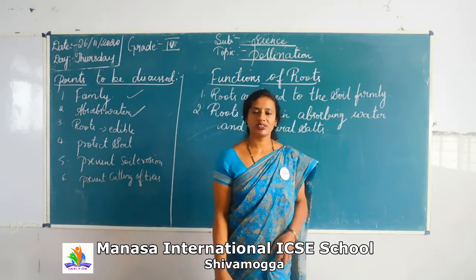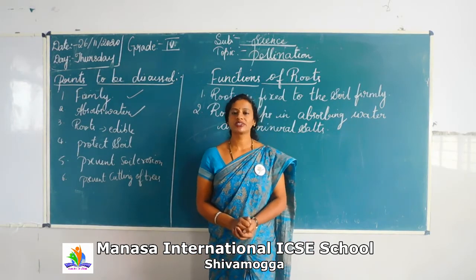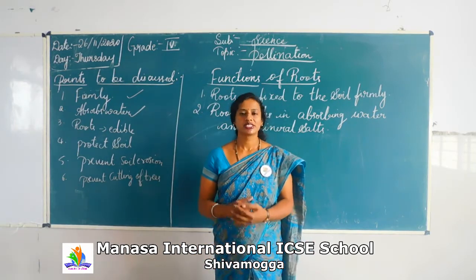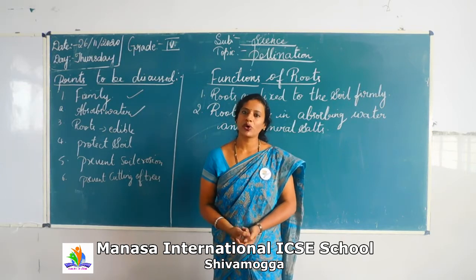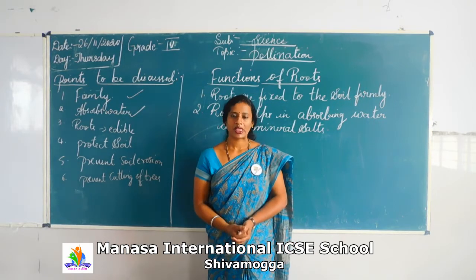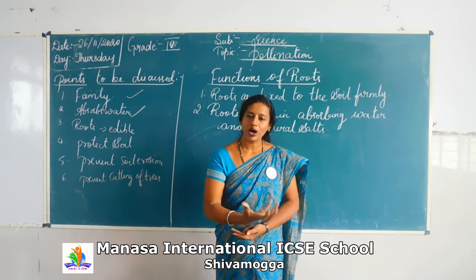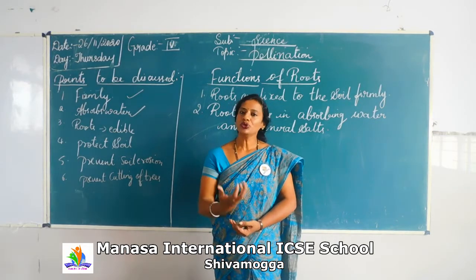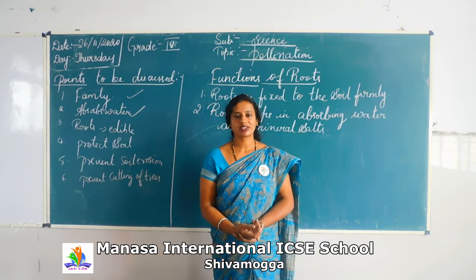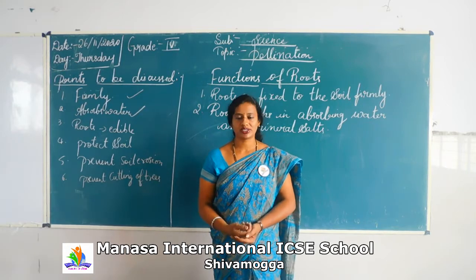As human beings need all the nutrients for their growth and development, in a similar way even plants require essential nutrients. And all the nutrients are found in the soil. A few nutrients are micronutrients and some are macronutrients.